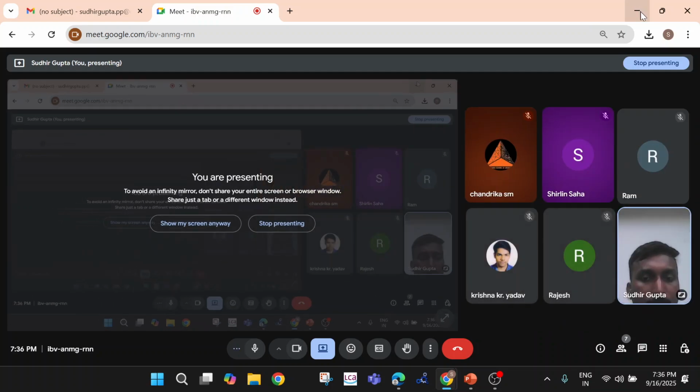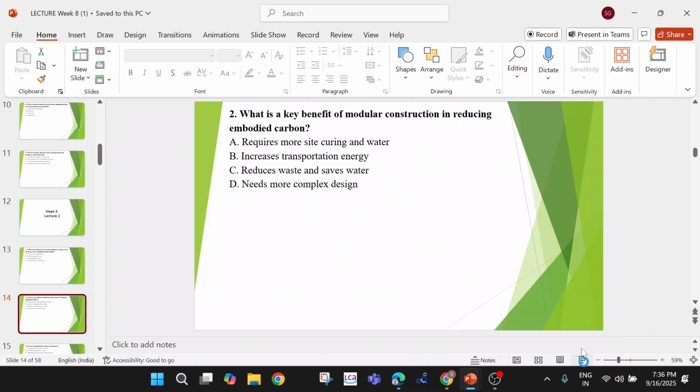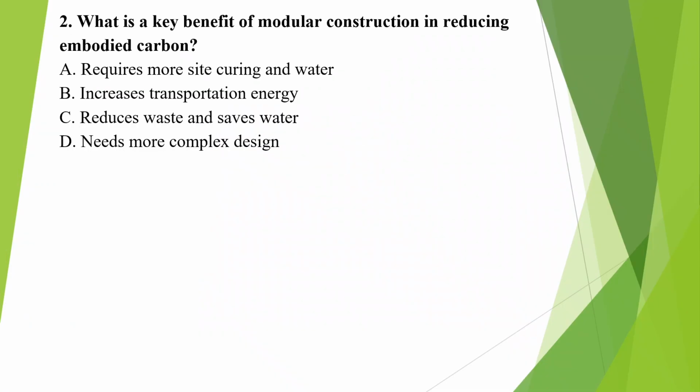So all of you have marked option C as the correct answer, and it is the correct answer for this question number 2, since modular construction mainly focuses on prefabrication in a controlled environment, and that reduces the consumption of water, allows material recycling, and minimizes the waste compared to the site construction that is going to happen.